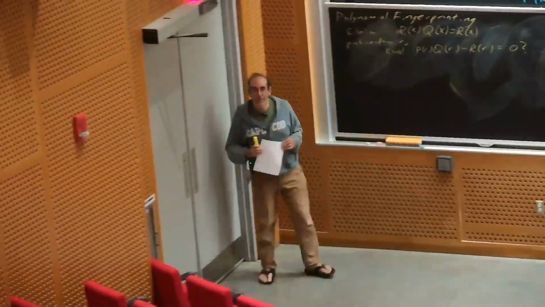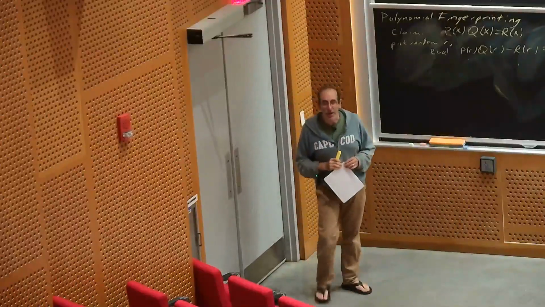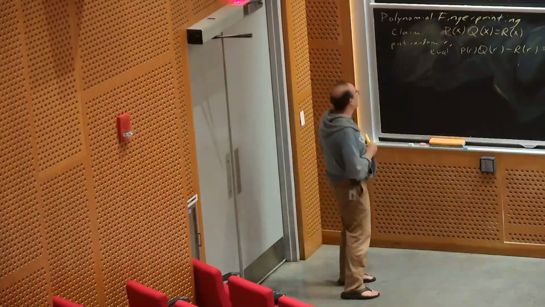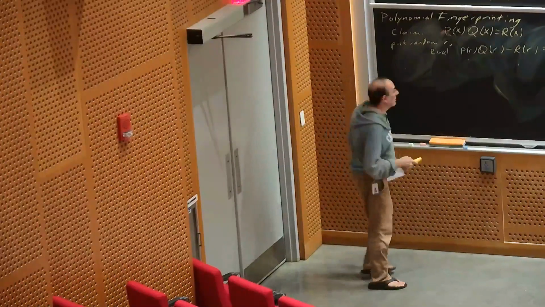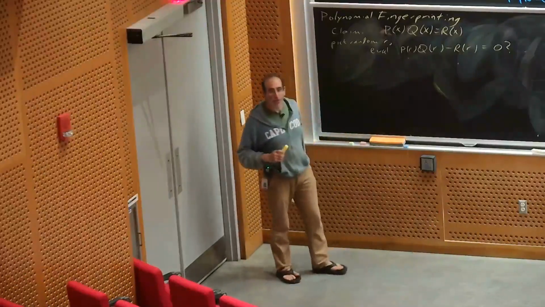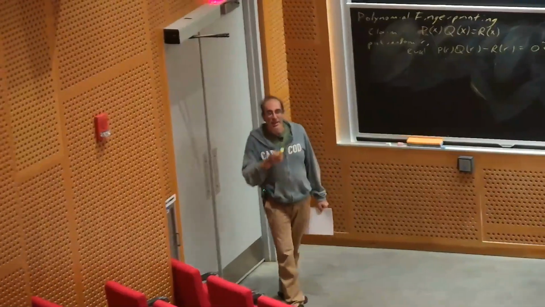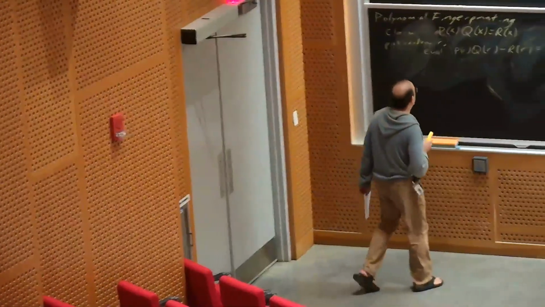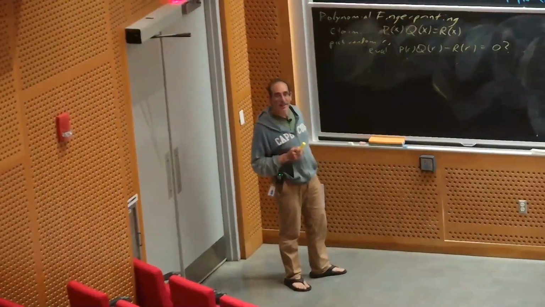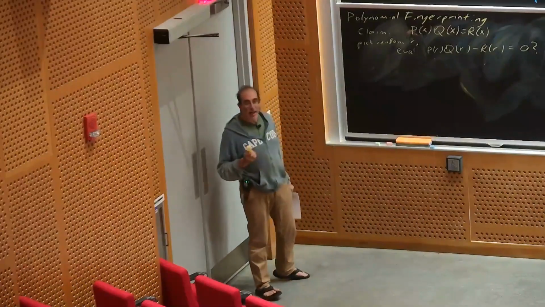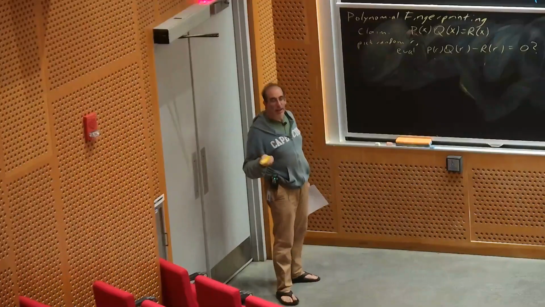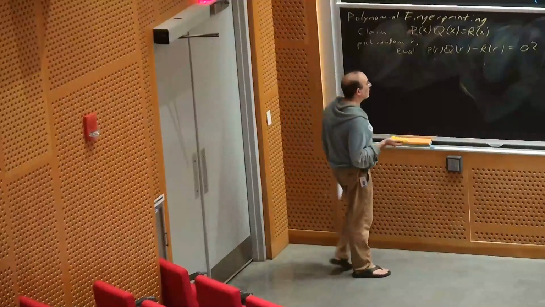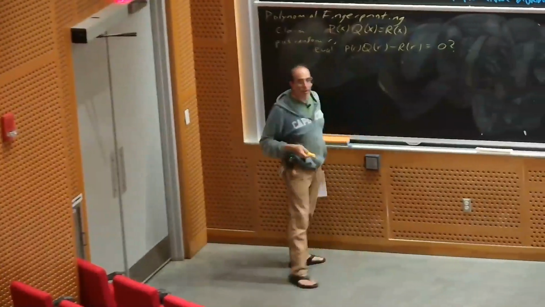Okay. Is this going to work? Or how well is it going to work? Well, under what circumstance does it not work? How can we get fooled? Exactly. So again, this is a test with one-sided error, right? If PQ is equal to R, then you're never going to think that it's not. But if PQ is not equal to R, then what you have here is a polynomial.